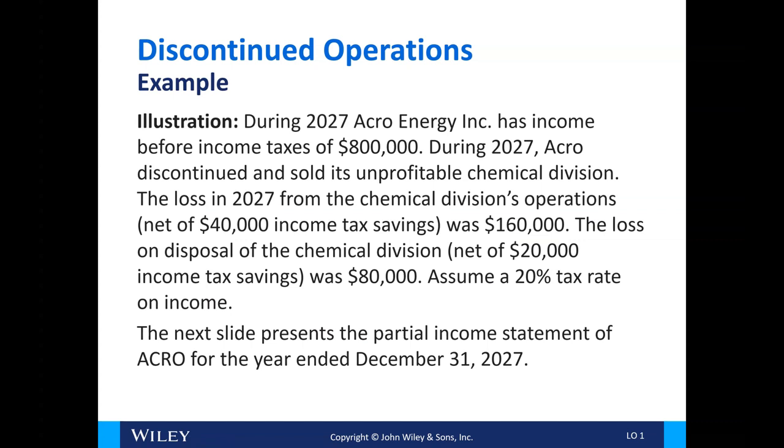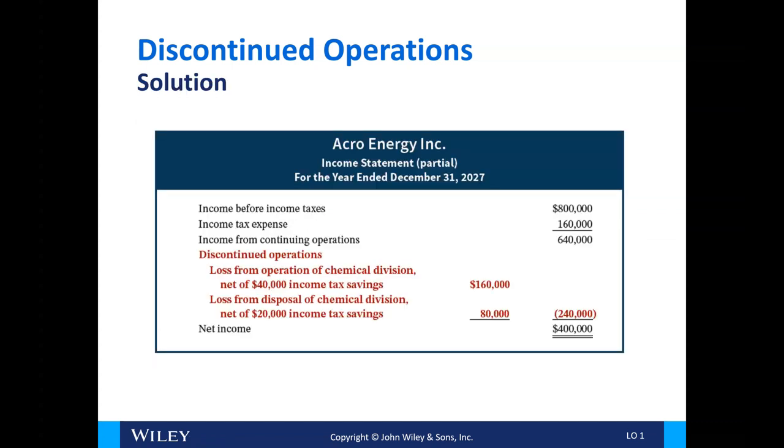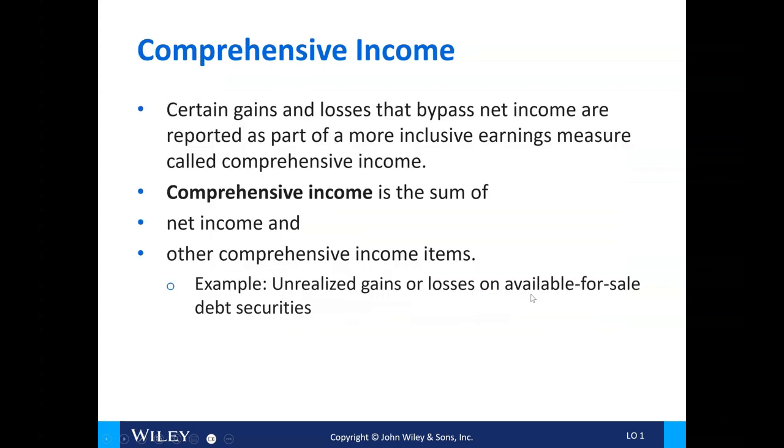Assume a 20% tax rate on income. So you can see that what we're going to be really looking for is this 640,000. That's going forward. And so getting rid of this discontinued operation is actually going to be a good thing going forward. So this should lift the stock price actually.